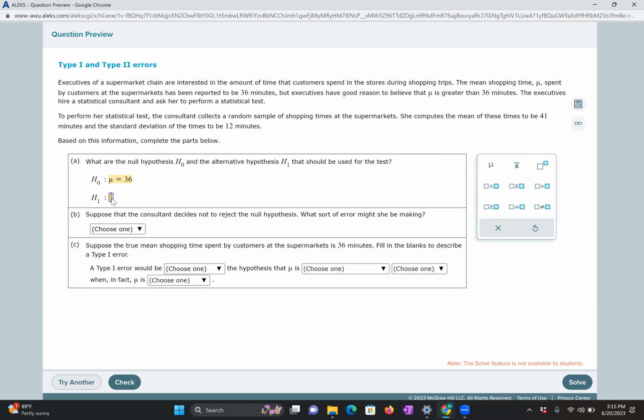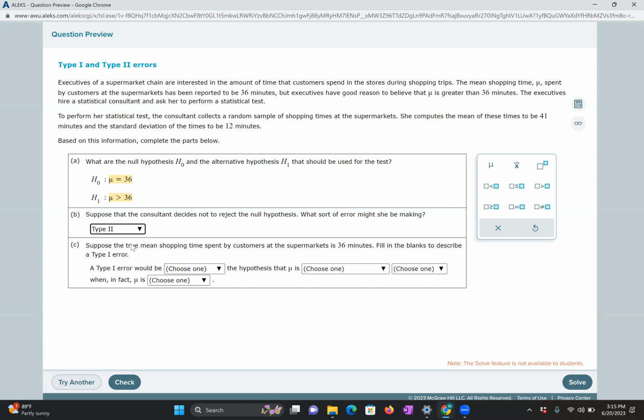That's why this part here will be mu is greater than 36. Okay, one more time. So suppose that the consultant decides not to reject the null. What sort of error could the consultant be making?